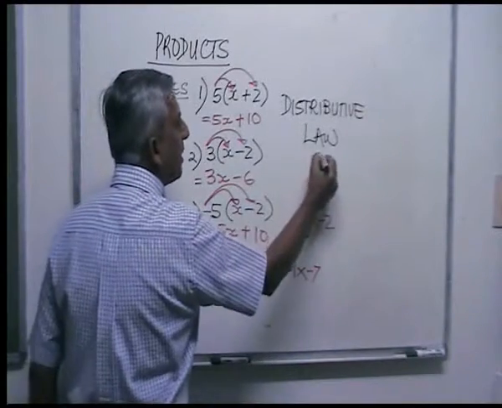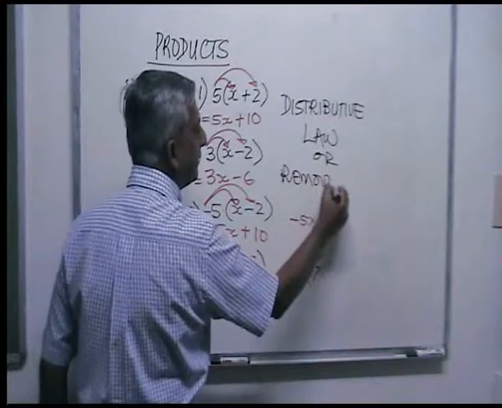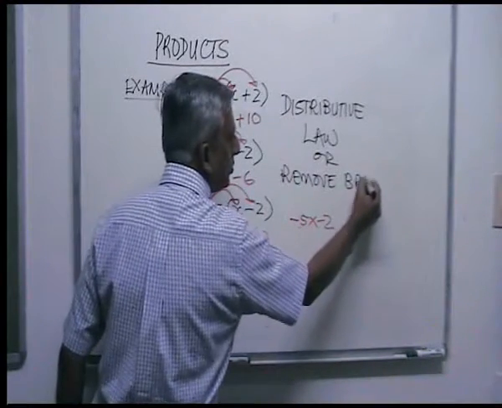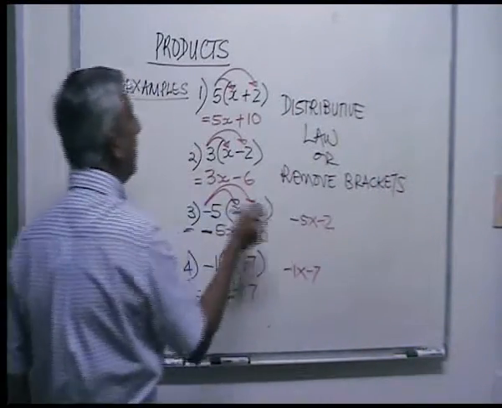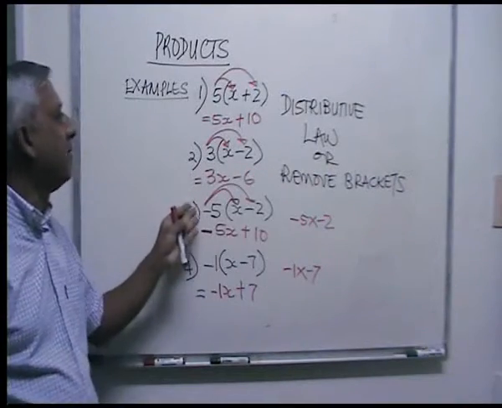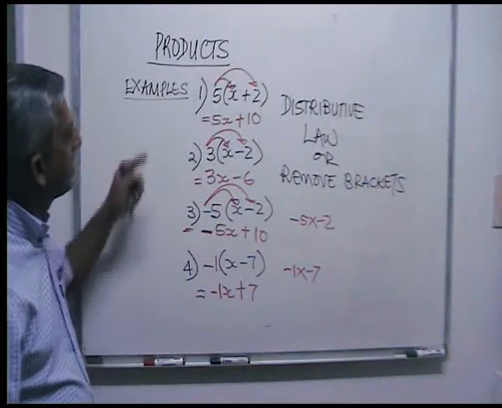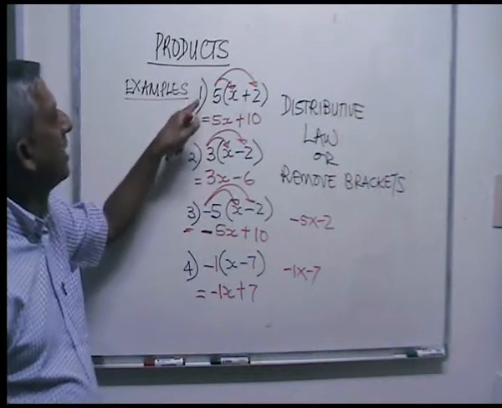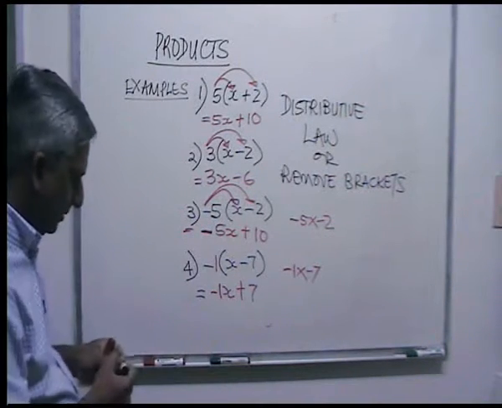Or somebody else might tell you remove the brackets. Use distributive law here means the same thing. Remove brackets here means the same thing. It means find the products. But strictly speaking, what we're doing is applying the distributive law. Alright, so that's how you do it.